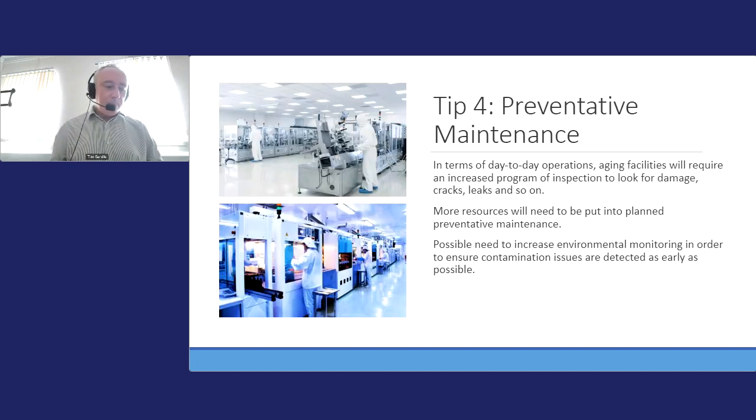Okay, so the fourth tip might seem a strange one, but it's preventative maintenance. And this is how we maintain our facilities and how we carry these maintenance tasks out with appropriate procedures and controls. Because we need to understand what happens within our clean rooms when engineers have to come in and open up panels which are not normally opened into the clean room, which will not be subject to the standard cleaning regime.